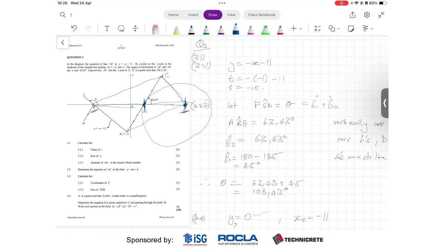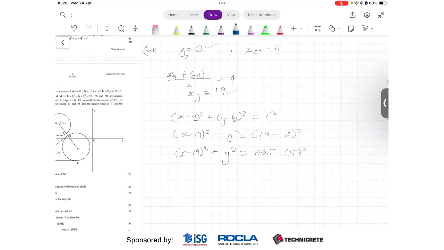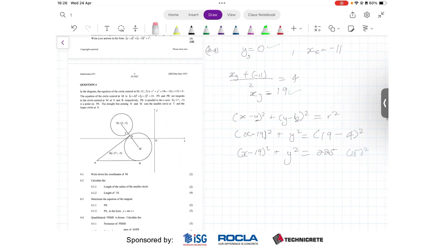It will be given by the difference between OG and OB, and that is 19 minus 4. And that is how you solve that question.